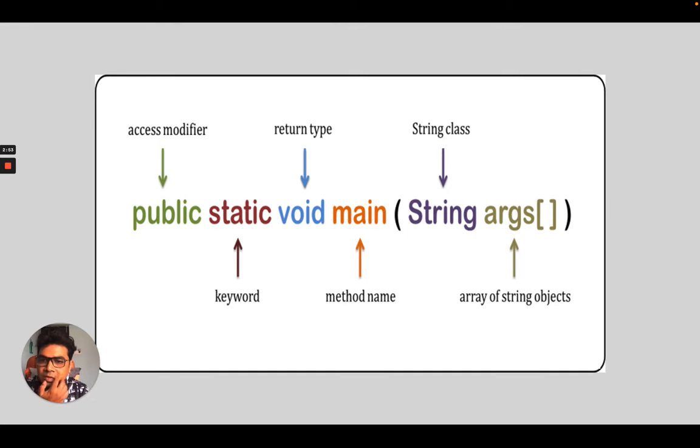Static is the keyword, void is the return type of the method, main is the method name, String is the class, and args is the array of strings. Remember, a keyword cannot be used as a variable name.